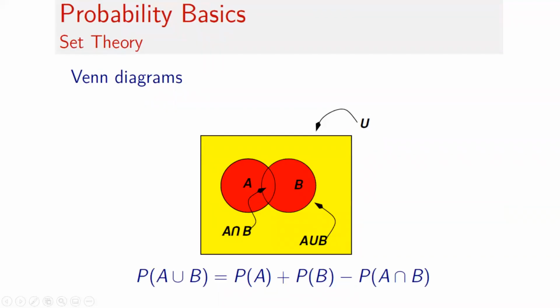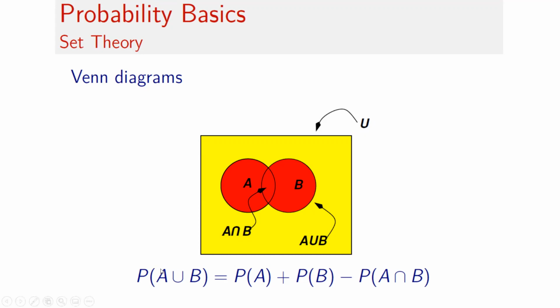Yeah, but now we have to think about two sets that have some elements in common. That probability is given by the formula shown here, this formula here in the bottom part. And here we have to subtract the probability of the intersection to avoid counting that intersection twice.